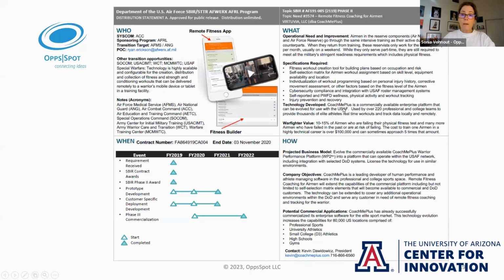And now this is an example of how the Air Force does it. And in here, the when, they like you to do this kind of a chart with the start and completed, the milestones, and again, the who, the what, the how. And in this case, they do have an email address and this picture.